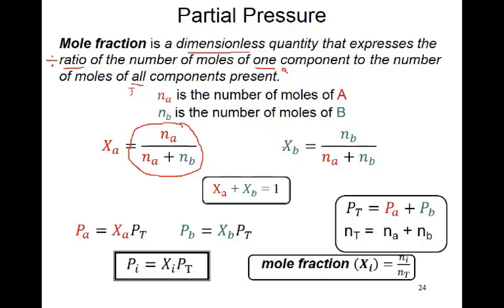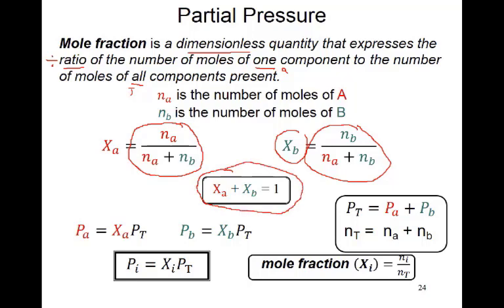And similarly for the gas B, mole fraction of the gas B, the number of moles of the gas B divided by the total number of moles, NT, will be equal to XB. So here the relationship between XA and XB: if you make the total of XA and XB, this equation will be equal to 1, not XT.